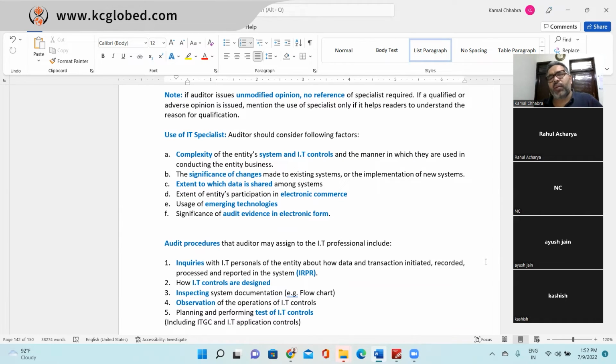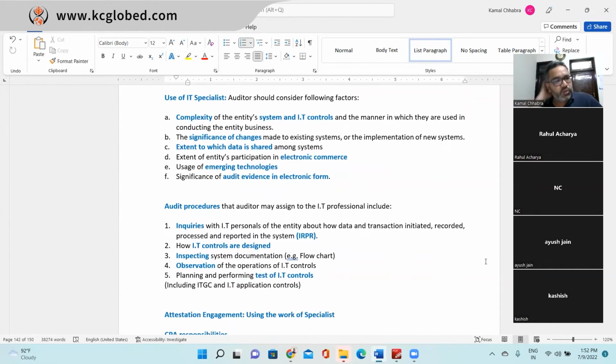But in a qualified or adverse opinion, you can give the reference if you feel it will be helpful for the user of the financial statements for better understanding. Then only you will give the reference, otherwise not.